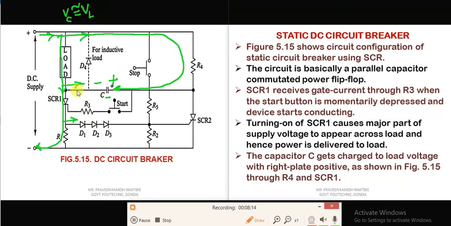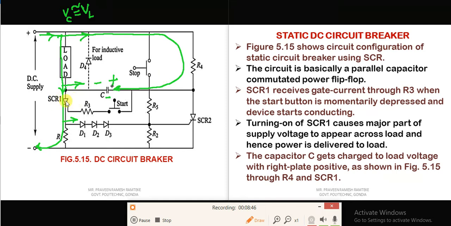Now why is this capacitor not charging directly through the load? The answer is very simple. Prior to the turning on of this SCR, when it is off, the whole of the supply is coming across the capacitor, and hence the capacitor was charging because of this series resistor.